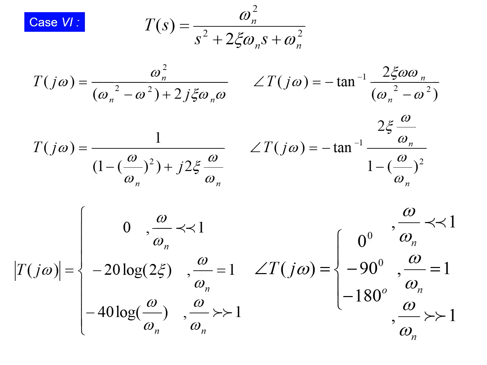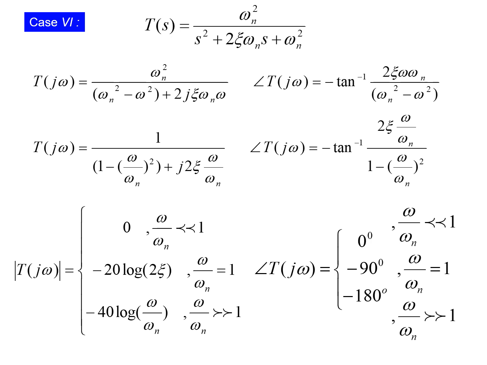And then if we change s with j omega, then we got this: T(j omega) equal to omega n square divided by, in the bracket, omega n square minus omega square plus 2 j zeta omega n omega. We also can write it like this: T(j omega) equal to 1 per, in the bracket, 1 minus (omega per omega n) square plus j 2 zeta omega per omega n.